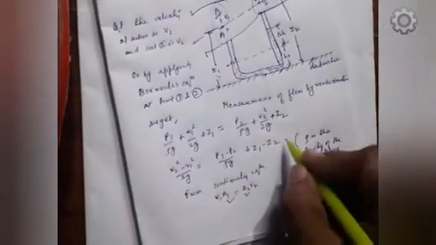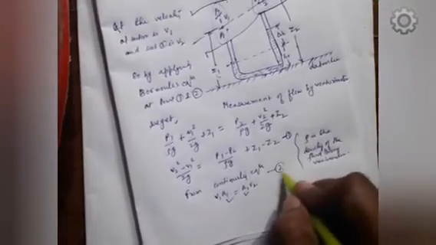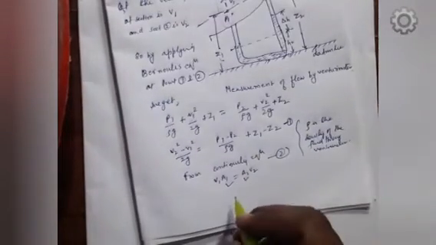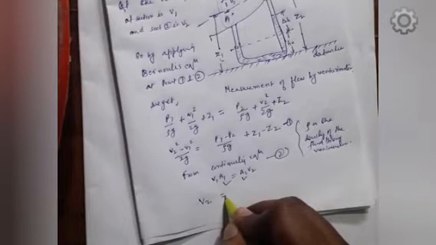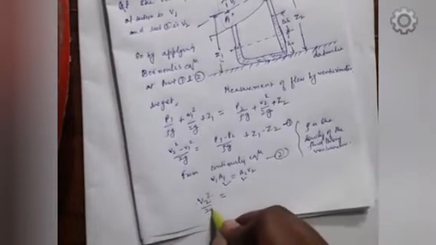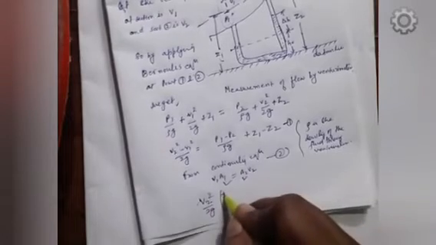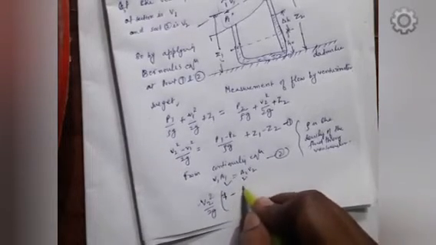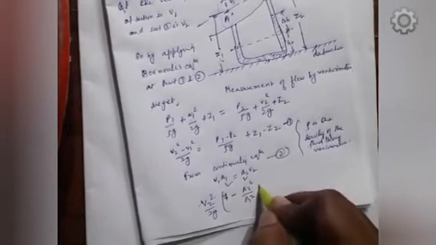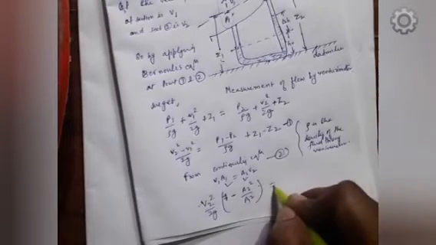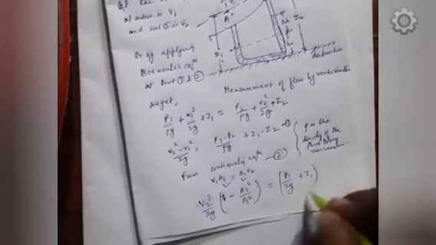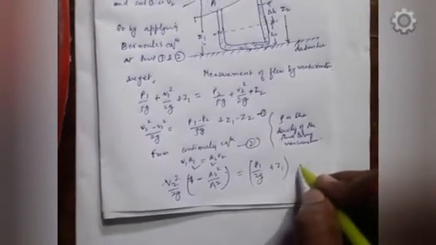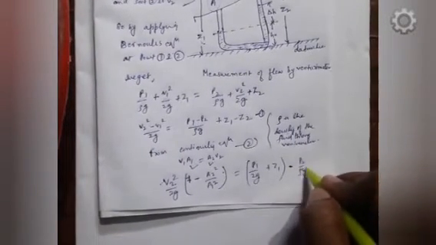So with the help of equations 1 and 2, we can write V2 square by 2g times 1 minus A2 square by A1 square equals P1 by rho g plus Z1 minus P2 by rho g plus Z2.